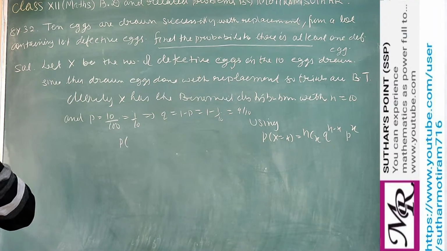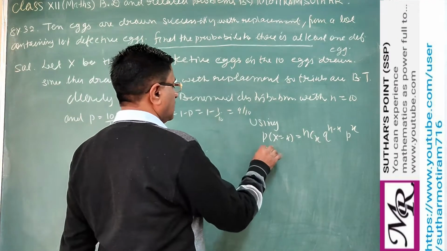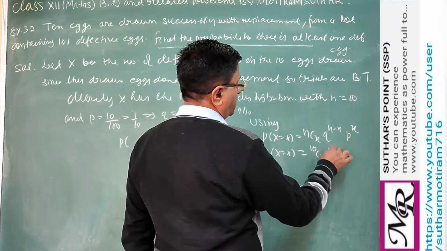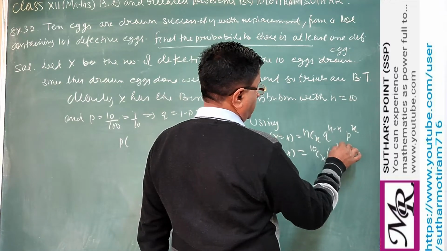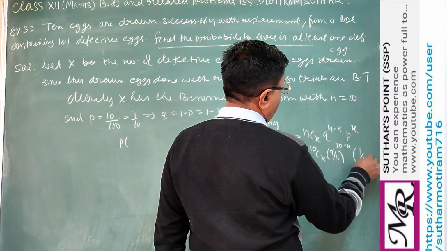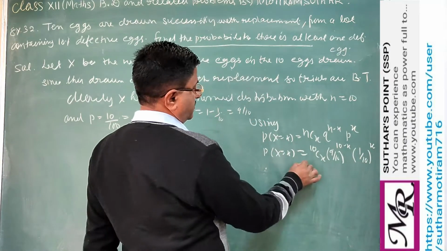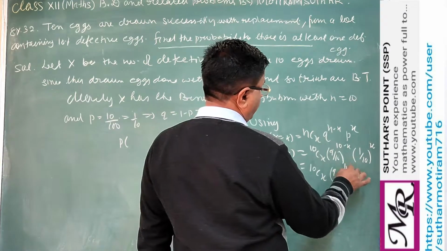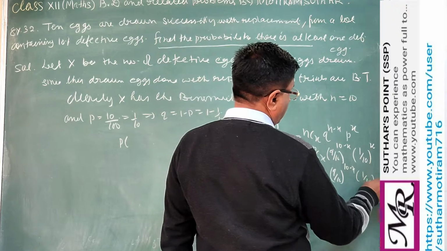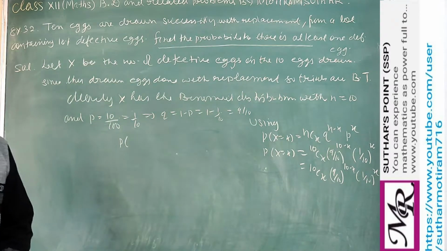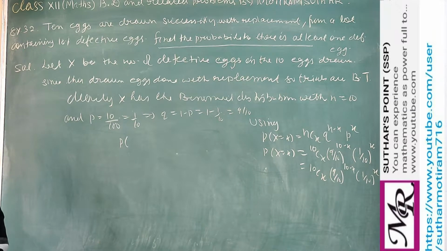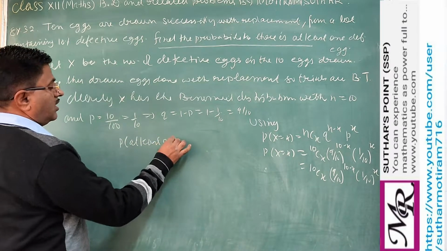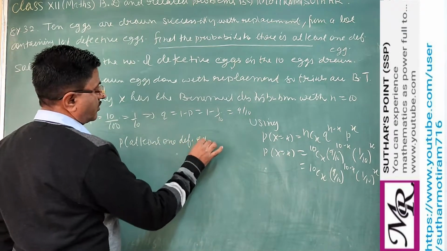So in this particular case, P(X = x) equals 10Cx, q is 9 by 10 to the power 10 minus x, and p is 1 by 10 to the power x. These two are different, so you cannot write them together. Separately we write these two terms. Clear? Now the question says at least one defective, the probability of at least one defective egg.